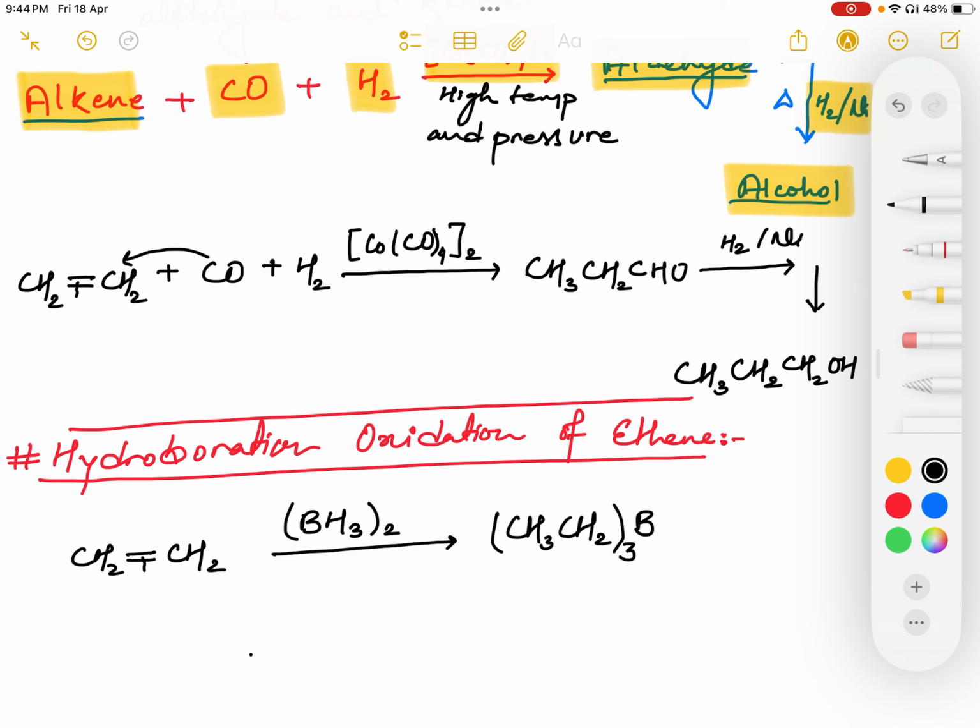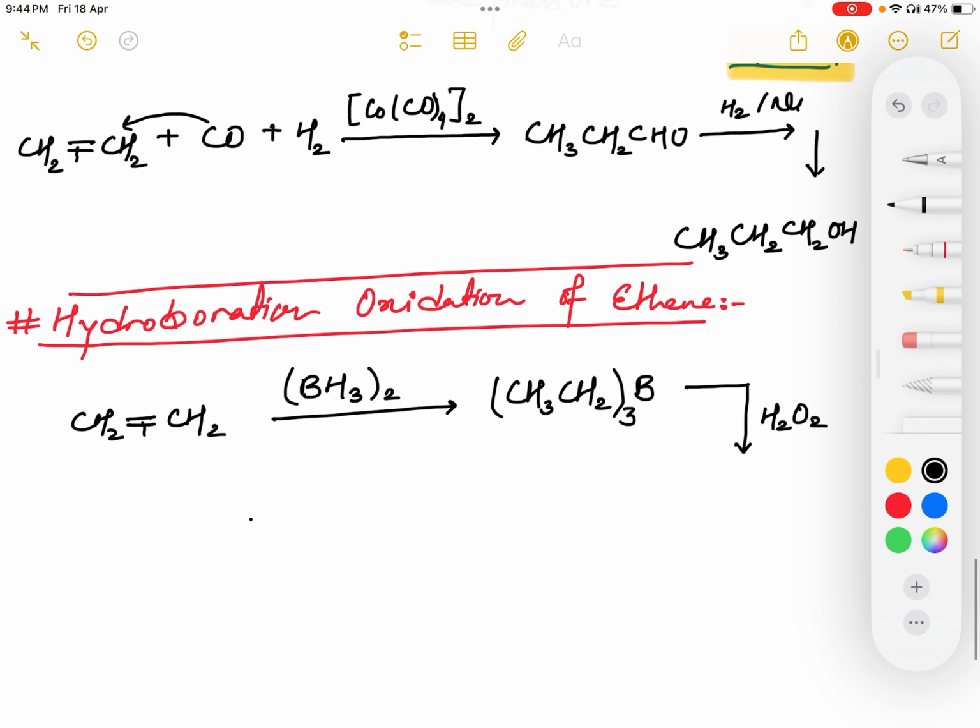Further, on the next step, we treat it with hydrogen peroxide, H2O2. We generally get alcohol along with the liberation of boric acid, H3BO3.